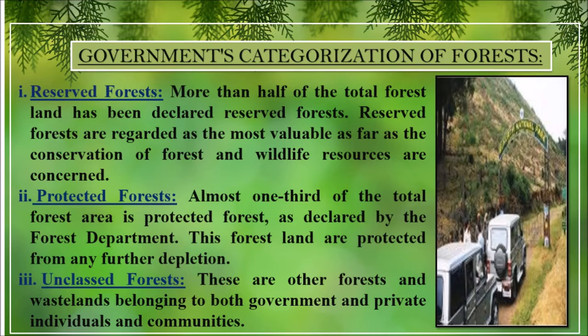The government gives these lands on lease to some private parties, or the government itself will plant some organic products for the purpose of people, or else they will give these lands on lease to private communities and individuals so that they can use them, but they will be paying the government a tax and payment also. So those types of lands come under unclassed forest. So that's it, children.